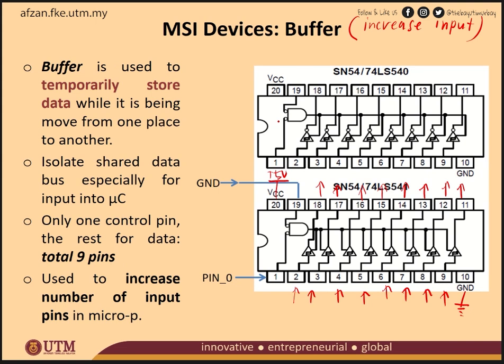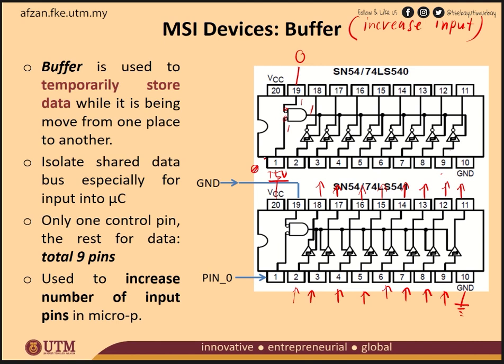since this one connects to 0, in order to enable this buffer you need to give 0. Because with 0, you see the bubble here, 0 becomes 1, 1 and 1 you get 1. So you enable your buffer, and this buffer can send the value from input to output.